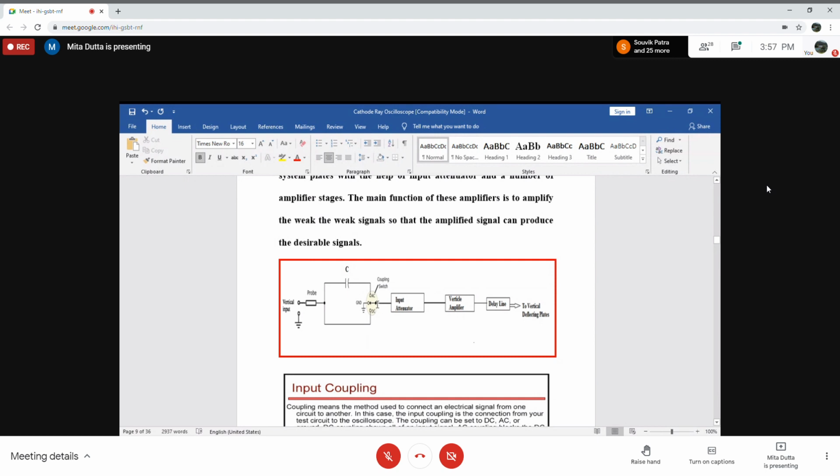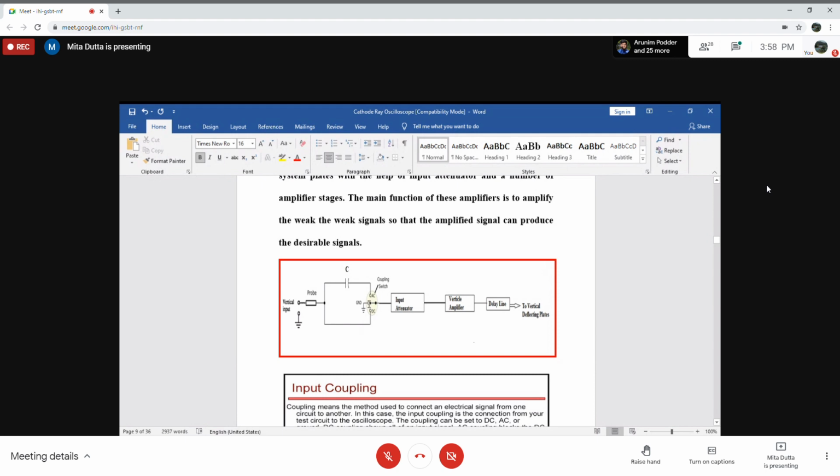When it is connected to the DC position, the entire signal will be presented on the scope screen. If it is an AC-DC superposed signal, then both AC and DC components of the signal will be displayed on the scope screen when the input coupling selector switch is connected to position DC.